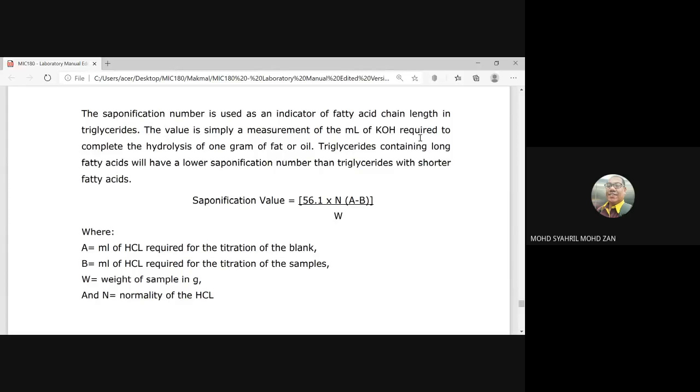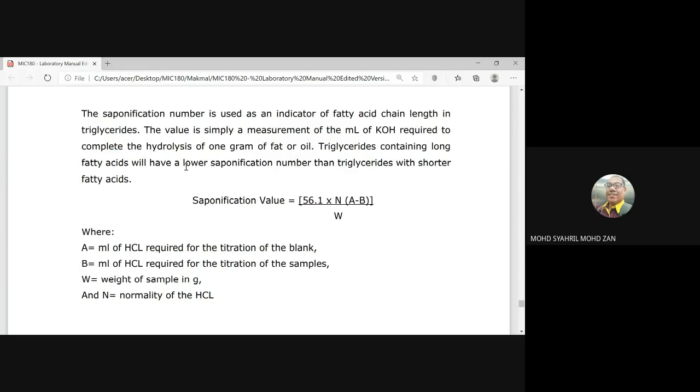Triglycerides containing long fatty acids will have a lower saponification number. If the fatty acid is long, we get a lower saponification number. Triglycerides with shorter fatty acids, kalau fatty acid kita pendek, we get a higher value.